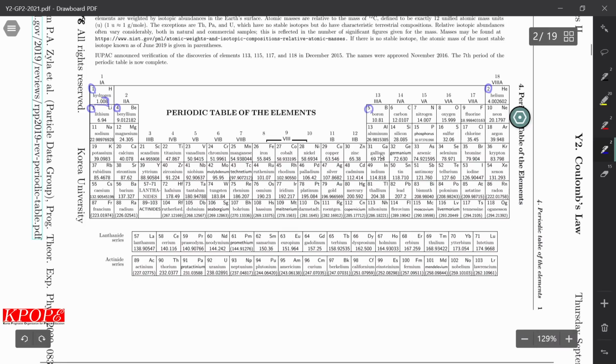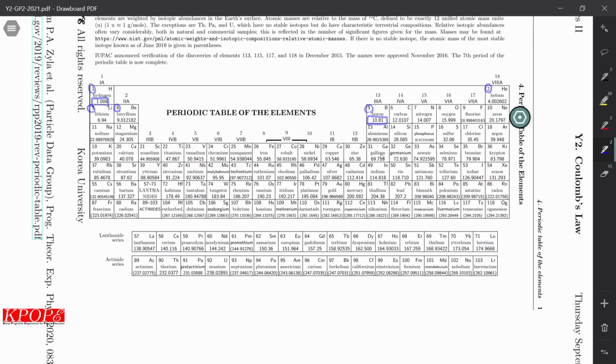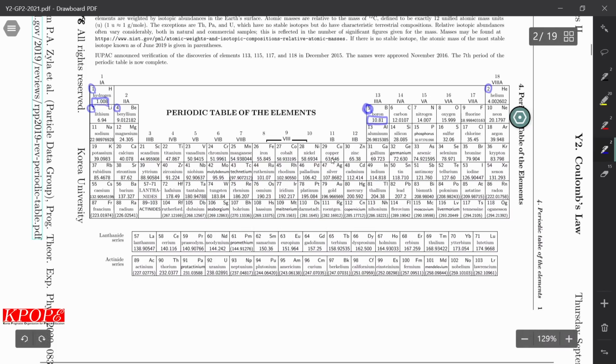And these numbers are average values of mass, so this is not an integer. That means there are various elements with the same number of protons but with a different number of neutrons. They are called isotopes. So this is a statistical average of those values that can be found on Earth.